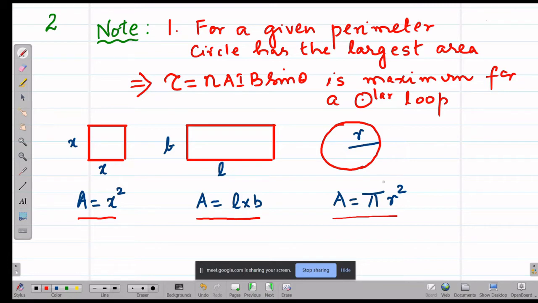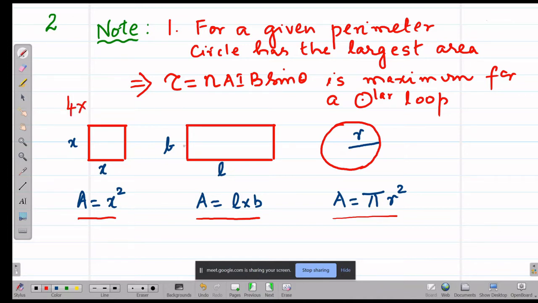In this context, there is one interesting observation I would like to make. For a given perimeter, what is a perimeter? Perimeter is the sum of the lengths of the sides of the coil. So for example, the perimeter of a square of side x is 4x.